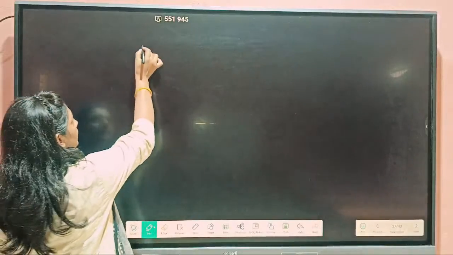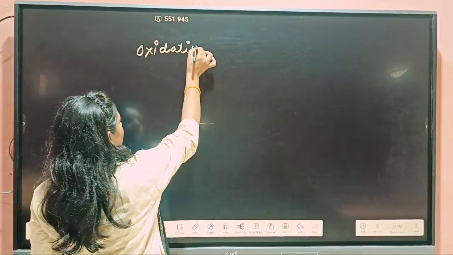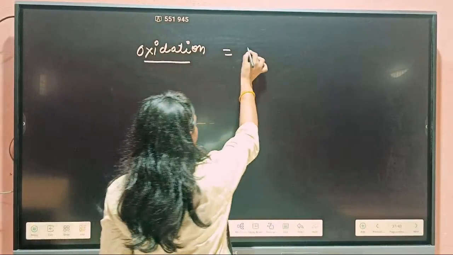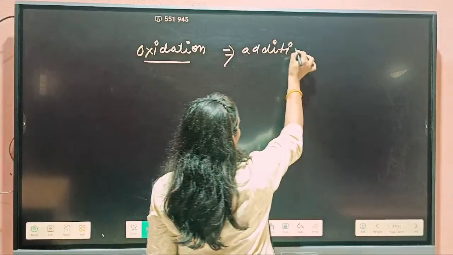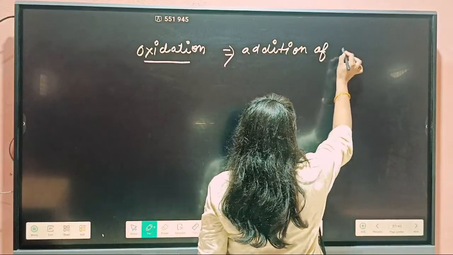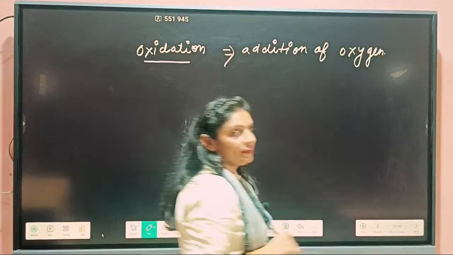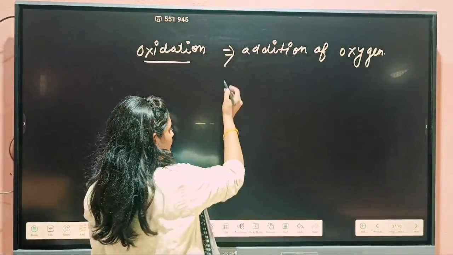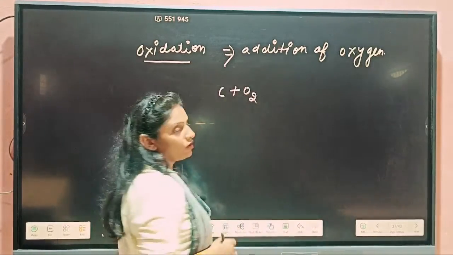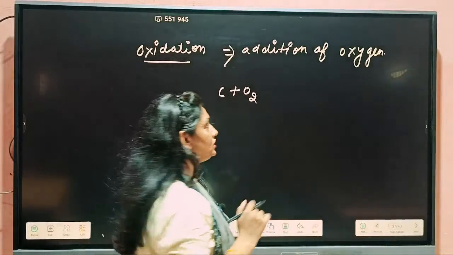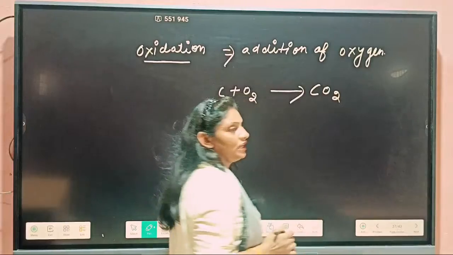Oxidation: either addition of oxygen. Like students, if I take one example, carbon plus oxygen, they combine with each other and give CO2, carbon dioxide.